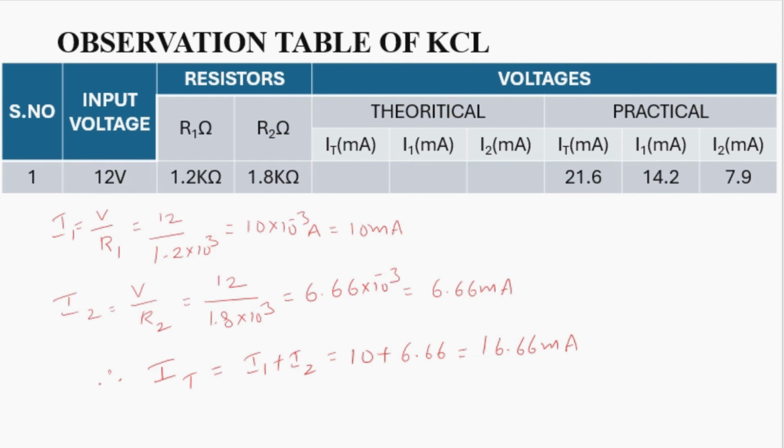We can find the value of total current by finding R equivalent. Then 1 by R is equal to 1 by R1 plus 1 by R2.